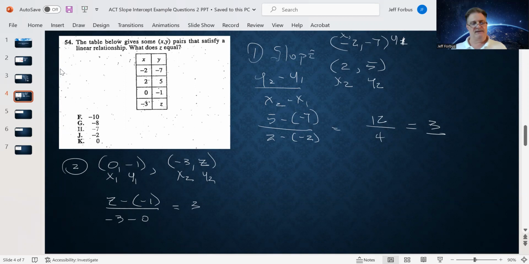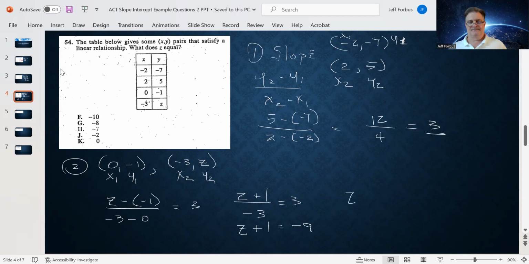Now Z minus a -1 turns into Z plus 1. -3 minus 0 is a -3, and that's equal to 3. Now let's solve this algebraically for Z. And this becomes a Z plus 1 is equal to -3 times 3, which is a -9.